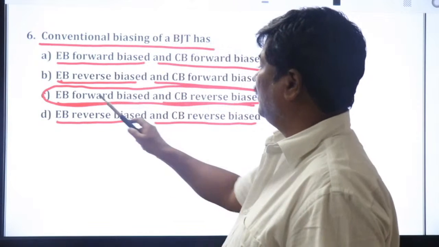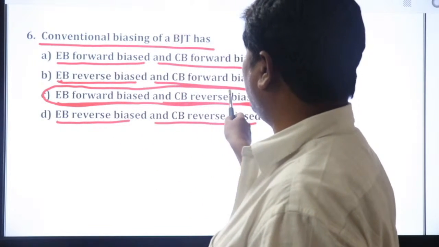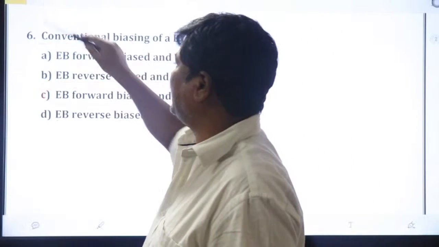That's why the emitter base junction is forward biased and the collector base junction is reverse biased. This is the right answer.